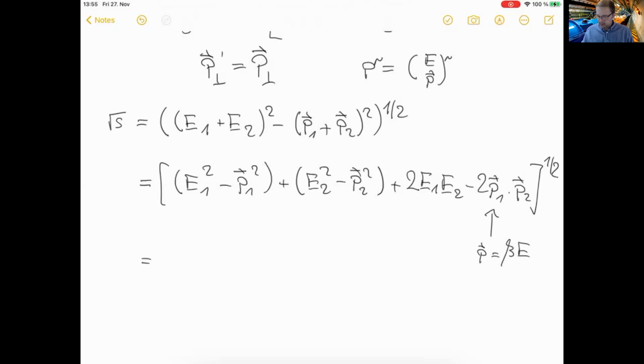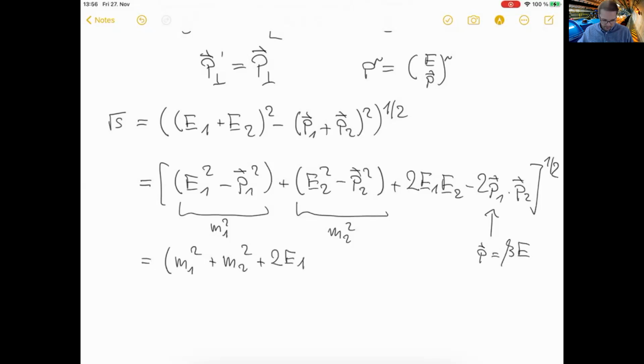So we can write this as, because this is now m1 squared and this is now m2 squared, m1 squared plus m2 squared plus 2 E1 E2 times a factor of 1, that's this term here, and then minus beta 1 beta 2.